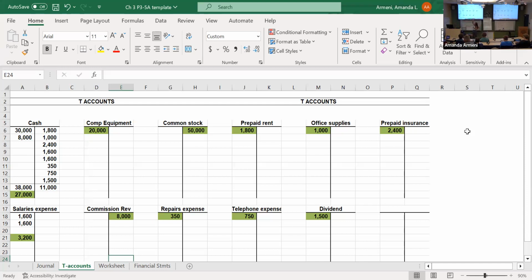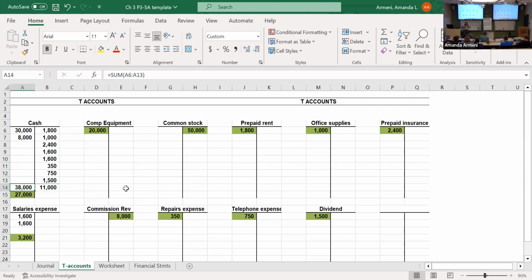But once you've moved it into these T accounts, you then can use the information to calculate what's the ending balance. After I've made all those transactions in my journal in April, what do I have left in cash, in commission revenue, in salaries expense, etc.? The process that you go through is to take the total of your debit column and the total of your credit column and figure out what the difference is between the two, right?